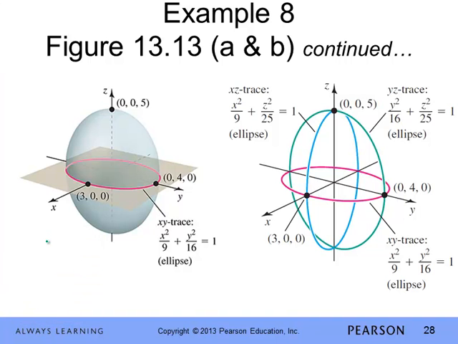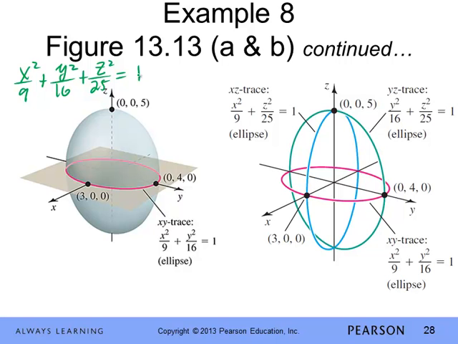The equation for this ellipsoid is x squared over 9 plus y squared over 16 plus z squared over 25 is equal to 1. So there. That looks a lot better. I had that little puzzle look on my face. Man, that don't look right.